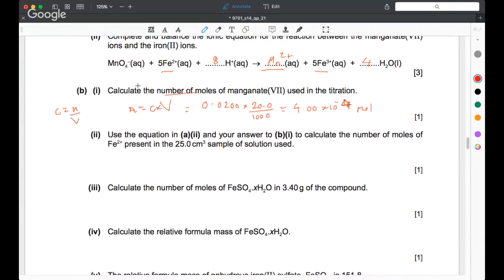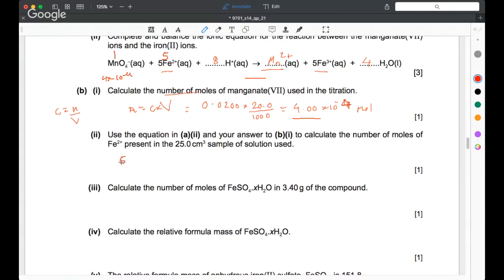Now, it's really talking you through things here. You've got to use the answer that you got there and the stoichiometry that you worked out here to calculate the amount, the number of moles, of iron(II). Well, you've got a stoichiometric ratio of 1 to 5. And if you know that that is 4 times 10 to the minus 4 moles, then this must be 5 times that.